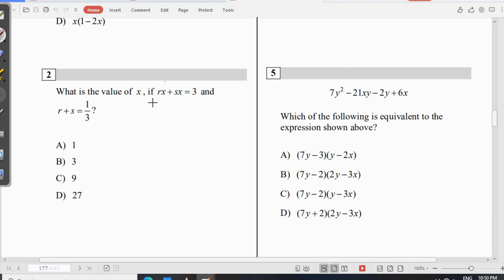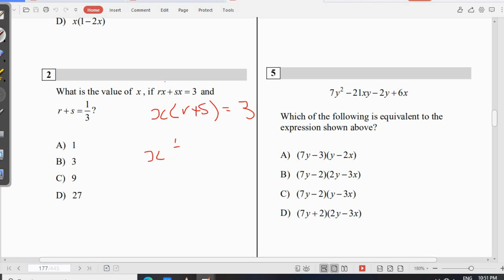Here, what is the value of x if rx plus sx equals 3 and r plus s equals 1 over 3? This looks like a simultaneous equation, but you have to be careful. This is x into r plus s, which will be equal to 3. If r plus s is 1 over 3, just drop 1 over 3 here.